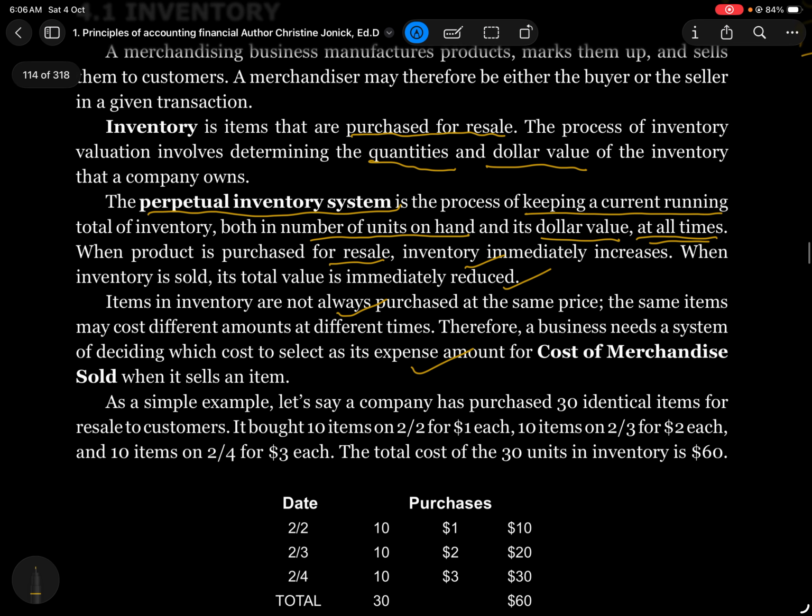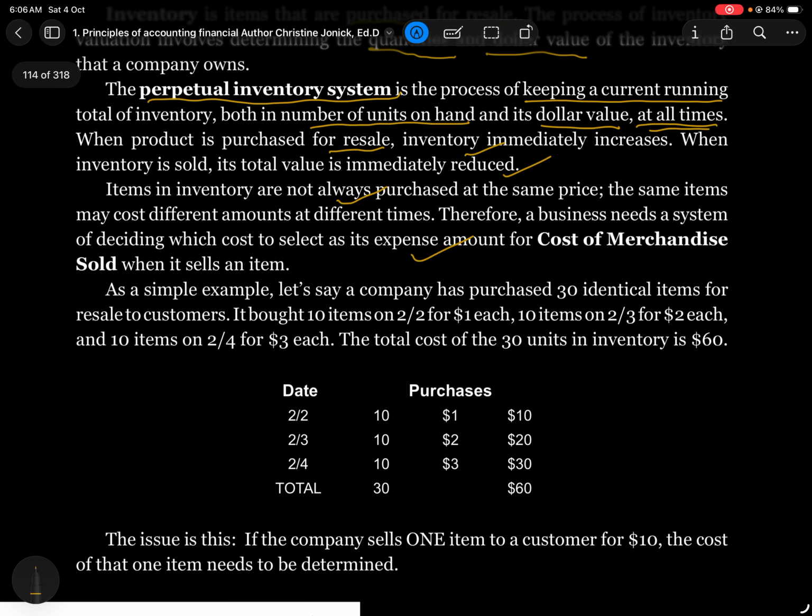Let's say a company has purchased 30 identical items to sell to customers. It bought 10 items at $1, 10 at $2, then again 10 at $3. So what's the effective cost over here? 30 quantity, $60 is the effective cost.